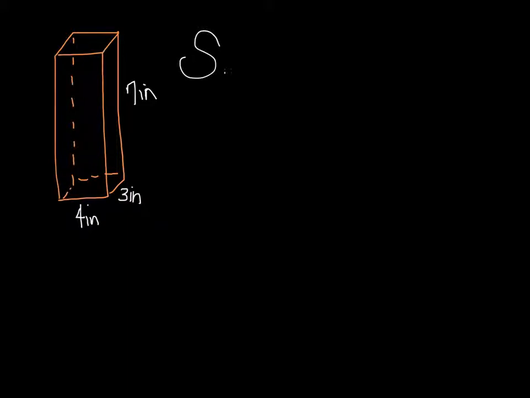And so I'm going to start by saying surface area equals, and I don't really need to remember the entire rule, because it doesn't matter which way I get an answer, as long as I take into consideration all 6 faces. So if I start with the left and the right faces, that's 2 multiplied by 3 times 7.